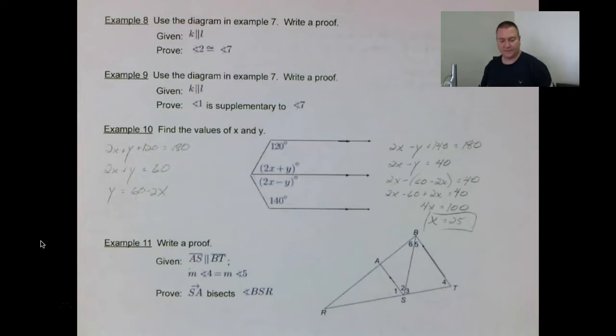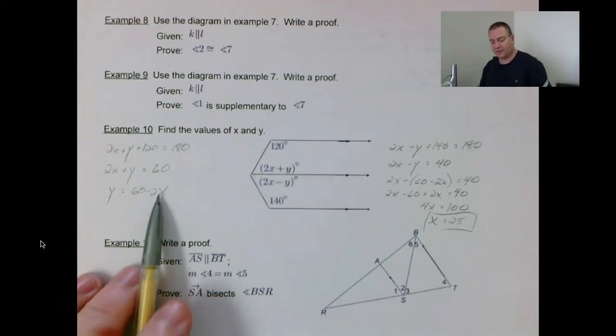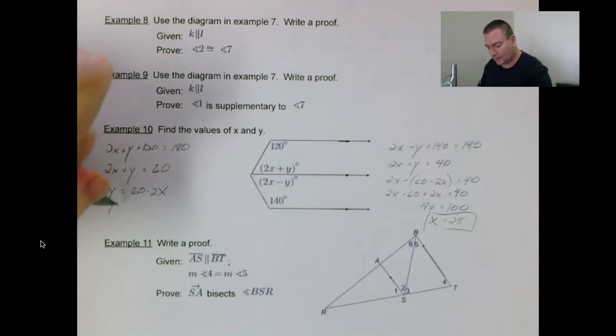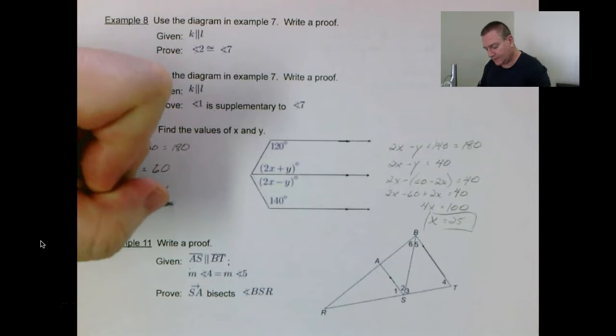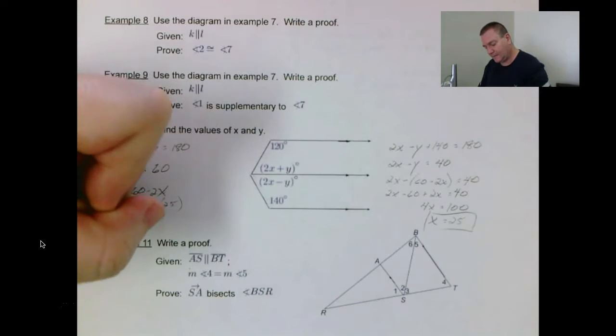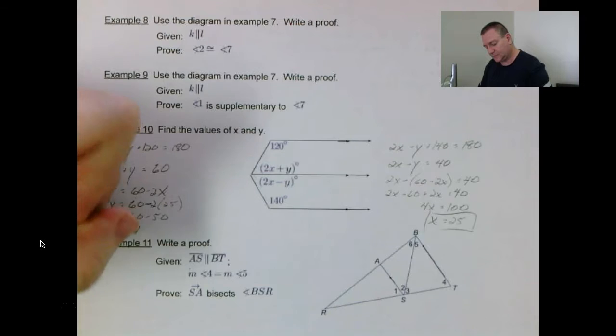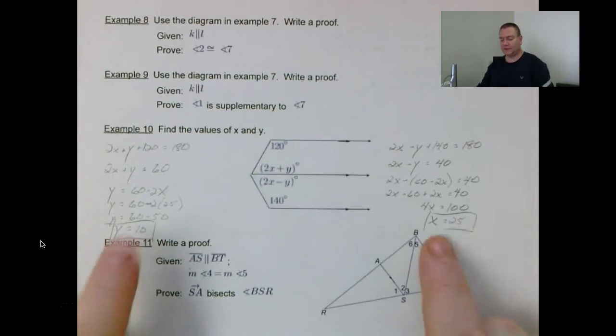And I have found half of the variables. Once I got 25 for x over here, I plug that in here. y equals 60 minus 2 times 25. y equals 60 minus 50. y equals 10. And there is the solution for example 10.